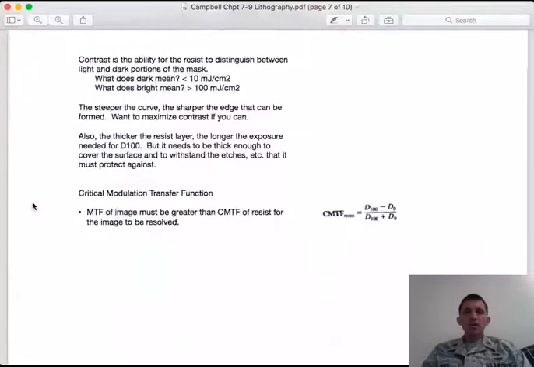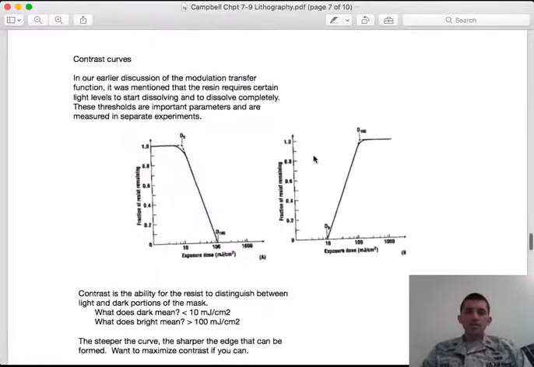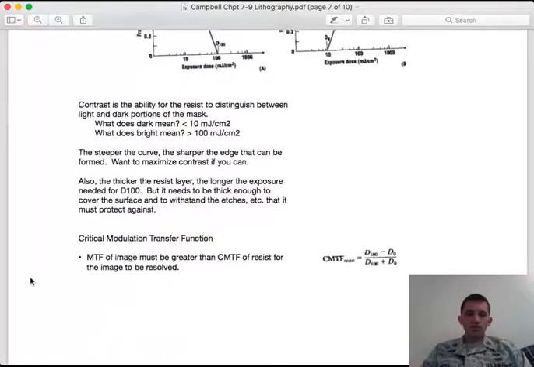And for reasons of material usage and exposure time and throughput, you don't want to have a thicker layer than is required, because a thicker layer of photoresist requires a longer exposure, more processing time, in order to get to this D100 level where you have either fully removed or fully hardened your photoresist.